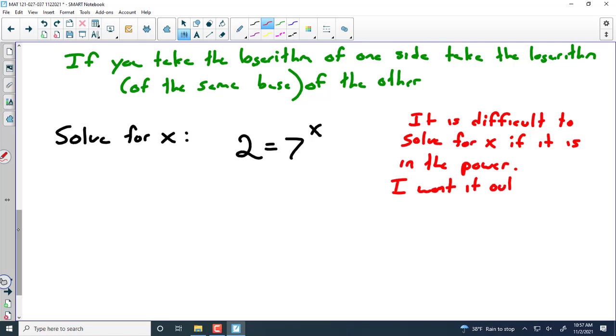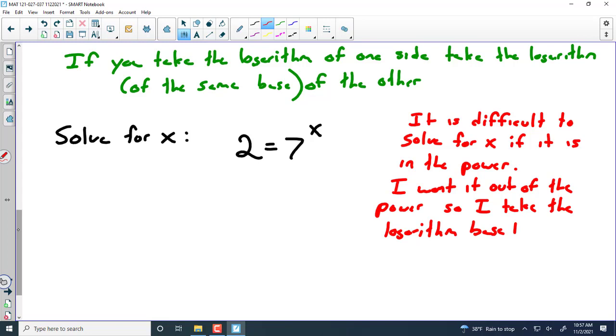I want it out of the power. So I take the logarithm base 10 or base e of both sides. Everyone, why would I take a logarithm base 10 or a base e?